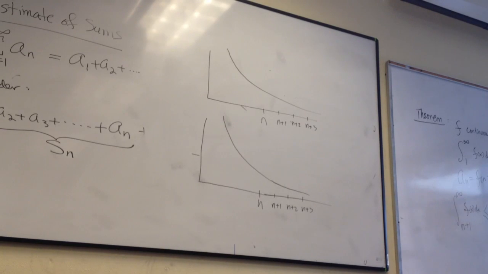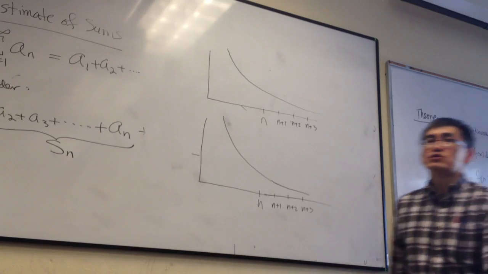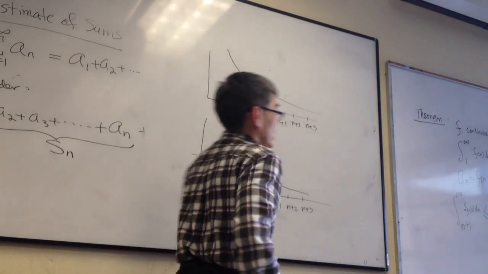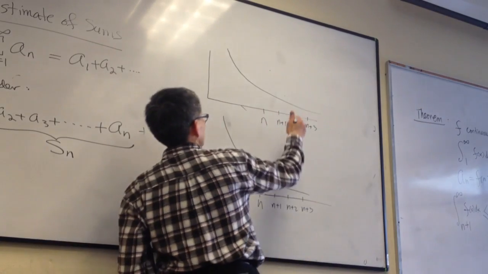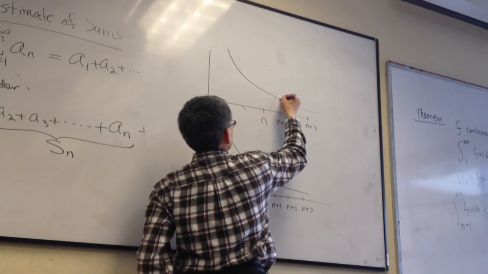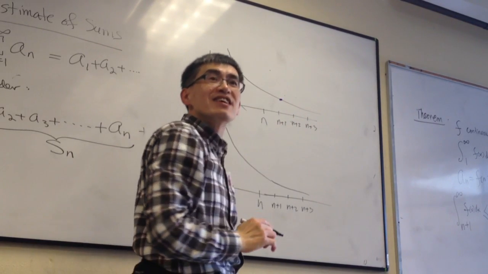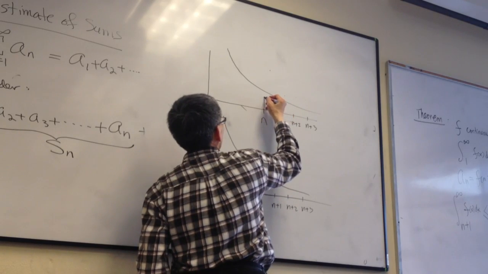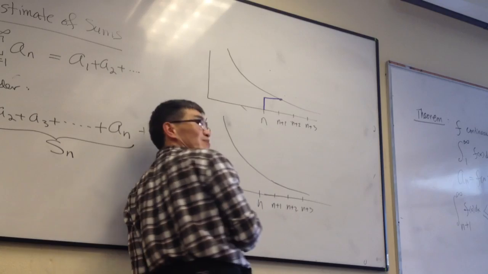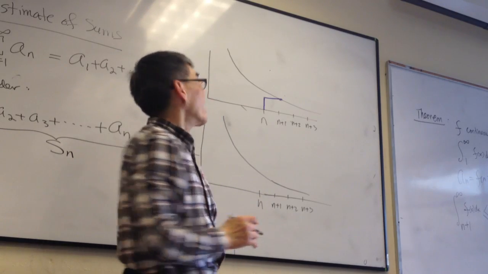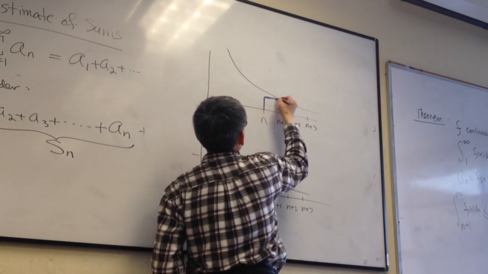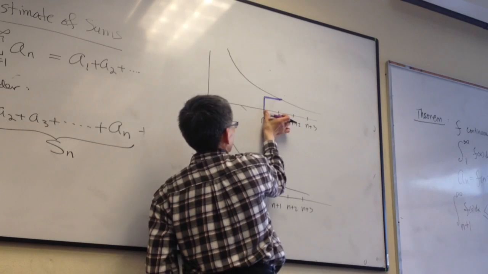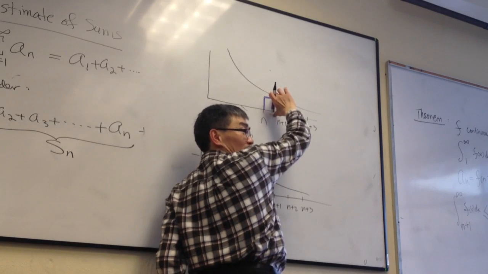All right? Okay. So the first thing that I'm going to do is this. The A_{n+1} is which height? Isn't that this height? Okay. I'm going to turn this way. Yeah? And so I have a rectangle, width 1, this height.